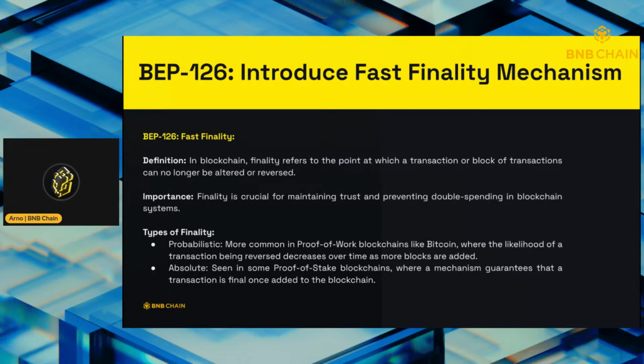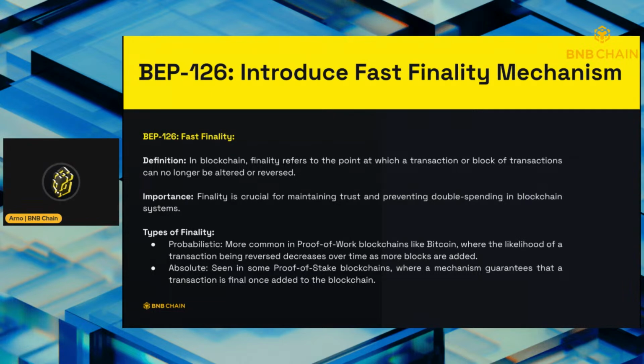For example, for the Bitcoin network, we usually expect 6 or 7 blocks to ensure that the block is really finalized, which means it's more probabilistic: the likelihood that a transaction gets reverted decreases over time as more blocks are added to the network. So it's crucial for the network to have a finality which is trusted and which can prevent double spending in the blockchain system.